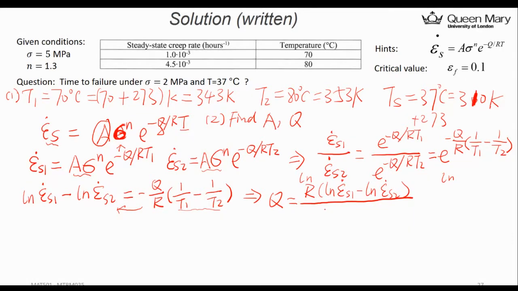Because there's a minus sign, I just rearrange the equation, so 1 over T2 minus 1 over T1.